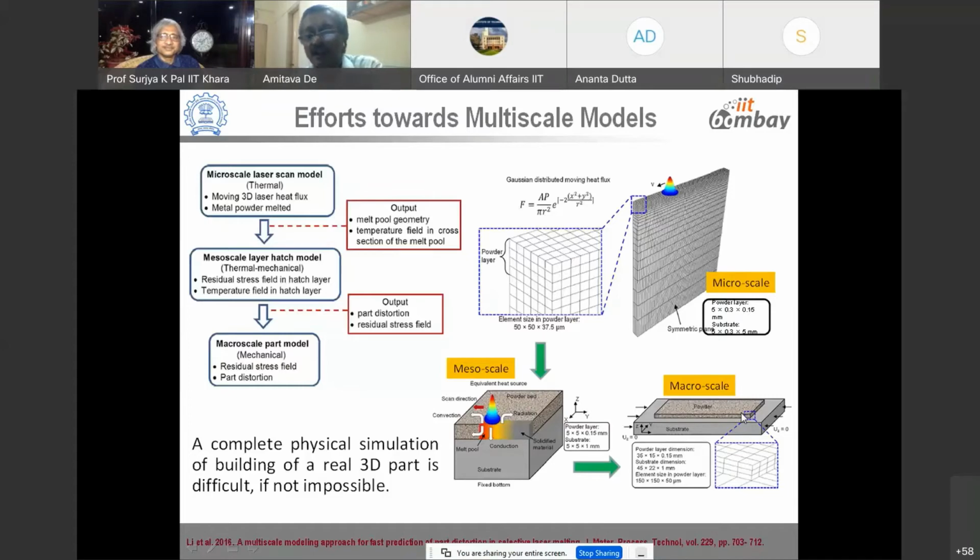So the information we have seen at a very small scale would be lost. At a higher scale, in most cases, we would look at the broad level residual stress that a large part is experiencing, and what distortion such a large part would be experiencing, and so on.